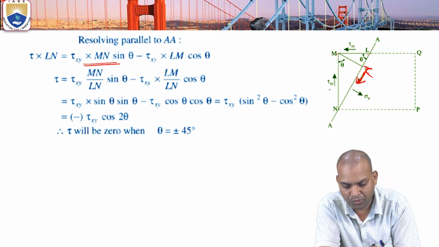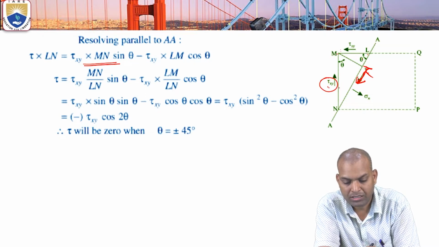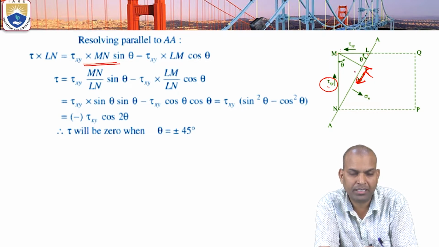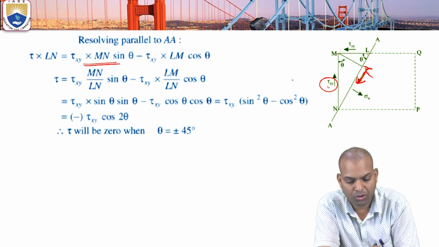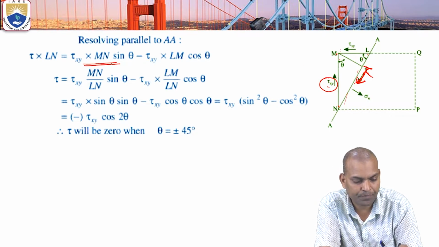Where is mn? This tau xy times, they consider here, tau xy, this component, that is tau xy into mn cos theta. Sorry, tau xy times mn. We want along the plane mn sin theta.